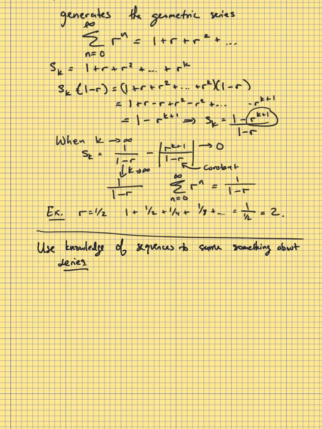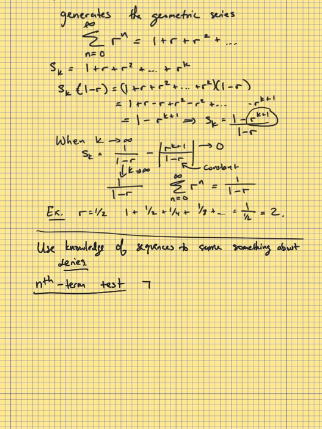Okay, so the first one is something that I've mentioned in passing, which is called the nth term test. Just as we were most interested in working out criteria for sequences to converge, you want to know the same or similar criteria for when series converge.